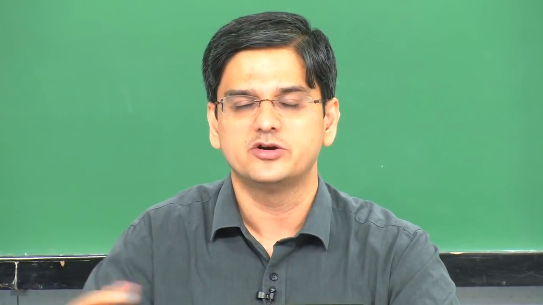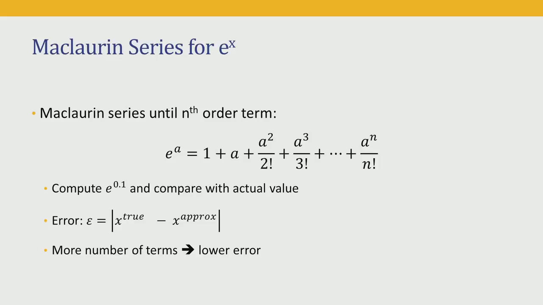Okay. In the next lecture, we will expand this particular idea to Taylor series expansion. Taylor series expansion is indeed where we get this Maclaurin series from. So, that particular idea of introducing more number of terms in order to reduce the overall truncation error is going to be a common motif that we are going to follow in the rest of this particular lecture series. Okay. So, this was the first type of an error, which is the truncation error.